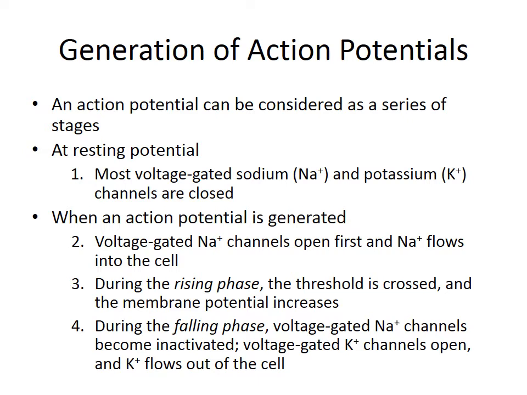And this would be the rising phase when in the graph the line is going up. During the rising phase, the threshold is crossed and the membrane potential increases. During the falling phase, the voltage-gated sodium channels become inactivated, and the voltage-gated potassium channels open, and potassium flows out of the cell.